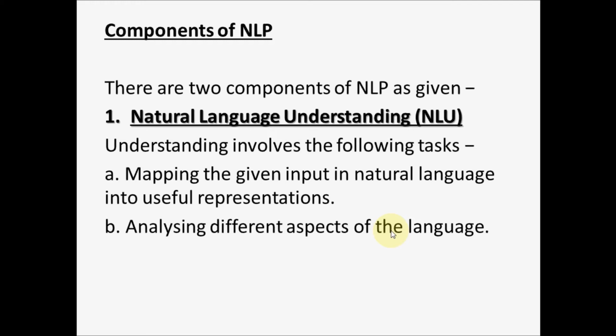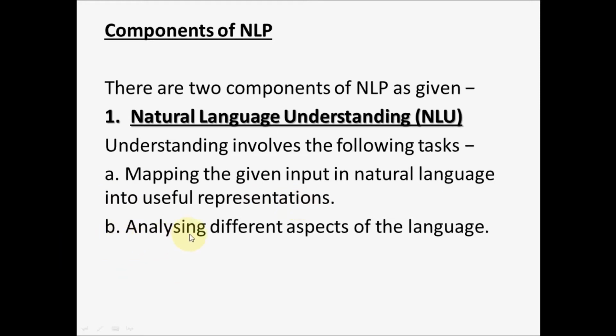Because whenever an input is given from the human side, a high level natural language, machine has to represent it in internal representation. So that's the first step. Mapping the given input, which is given from the human side, to the machine. Now this input is in natural language into some useful representation so that machine can adjust.